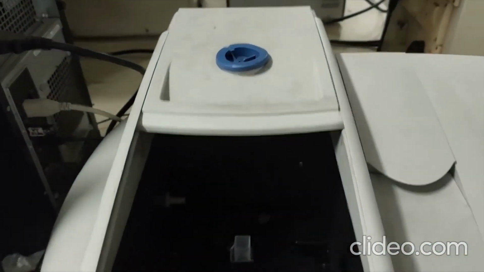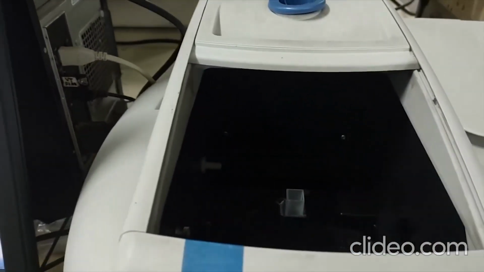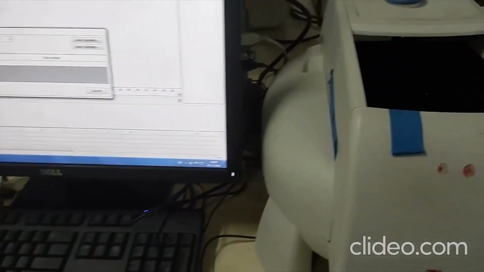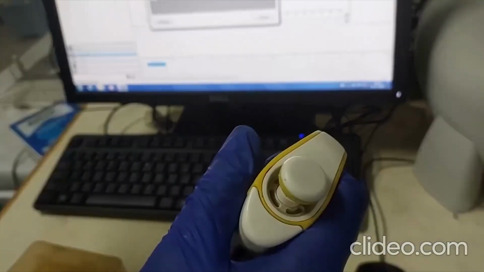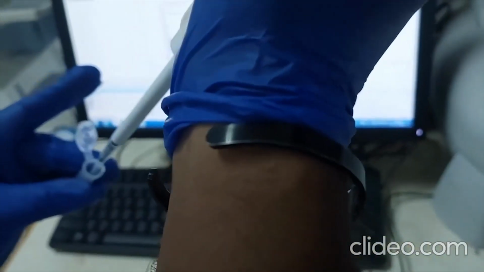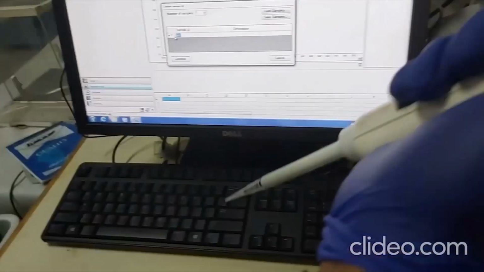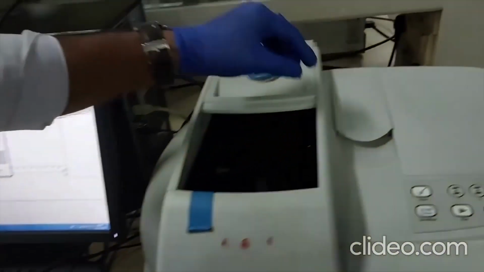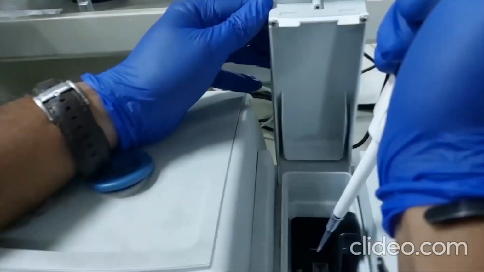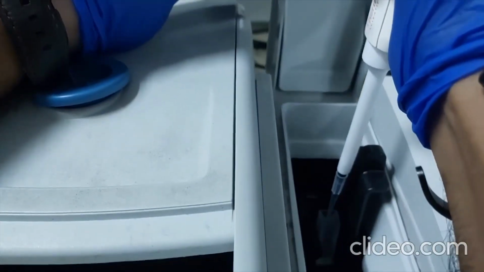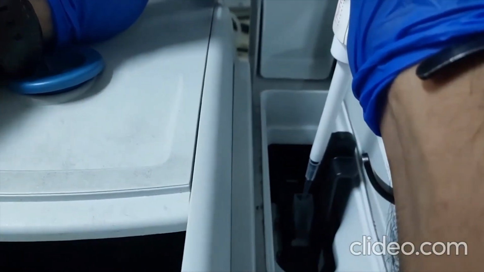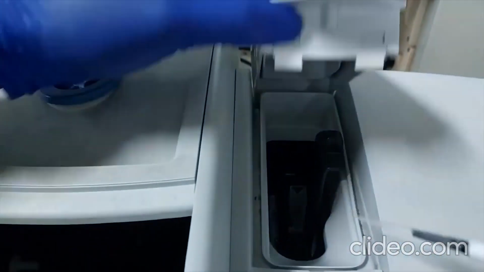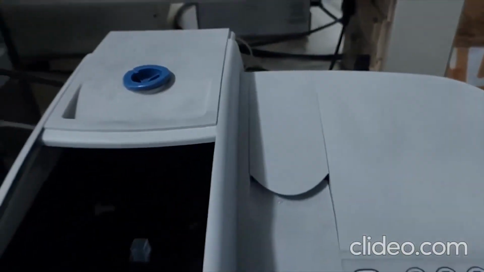And the same amount of buffer we will add in the reference cuvette to neutralize the dilution caused by adding that ligand. So the same amount of buffer we will add in the reference cell. And after adding this, again we will scan this.